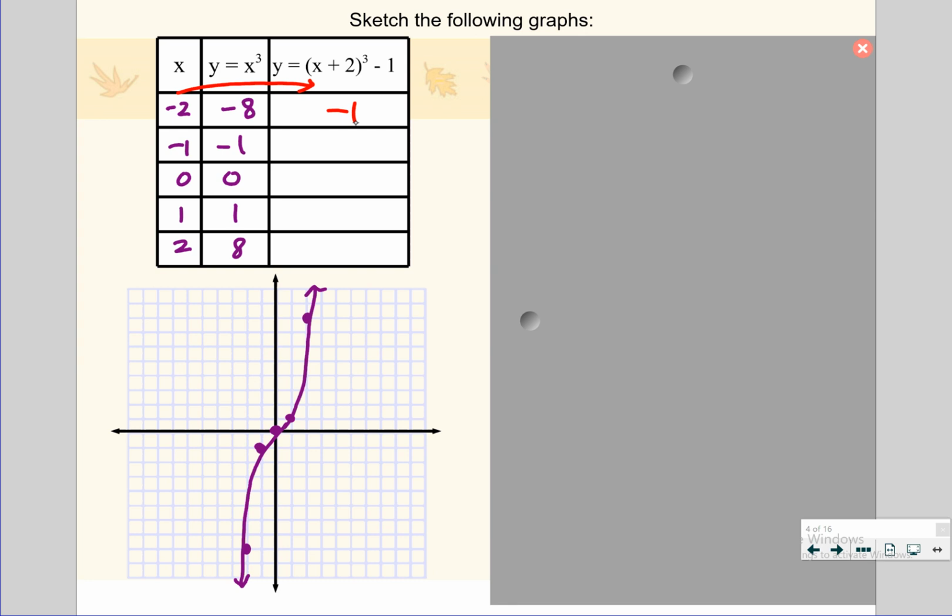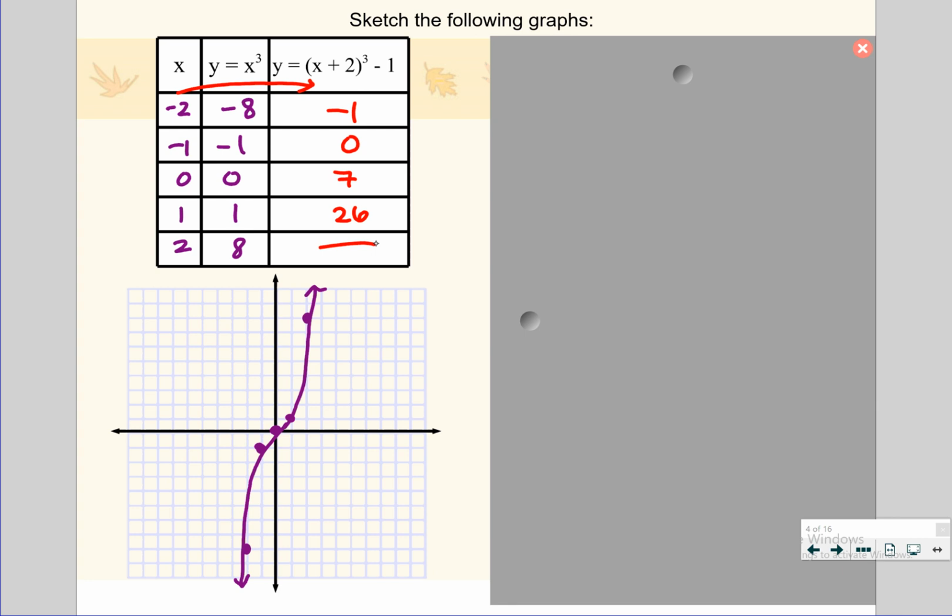Cubed is still 1. -1, 0. Plug in 0. 0 plus 2 is 2. Cubed, that's 8. -1, 7. Plug in 1. 1 plus 2 is 3. Cubed, that's 27. -1 is 26. I'm not even going to plug in the last one because they're getting too big.